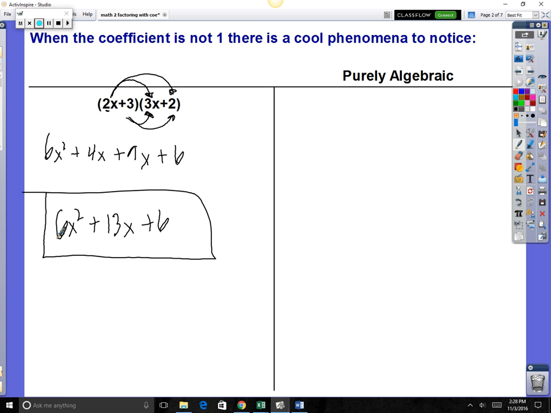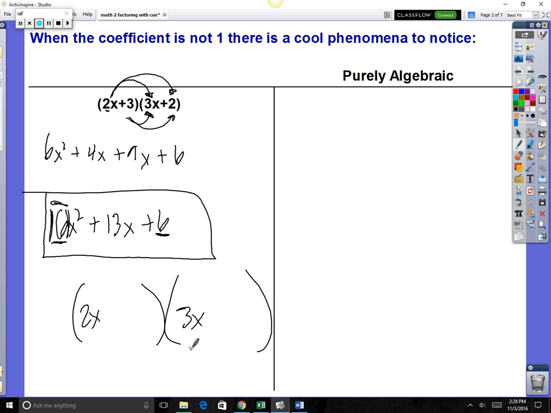We're going to start to give you products that do not start with 1. This starts with a 6. So it's a lot harder to factor because you're not just looking at the end, what times this gives you 6 but adds to give you 13. Now you're looking at the front, what times this gives you a 6x squared, 2x and 3x, or do you put the 3x?